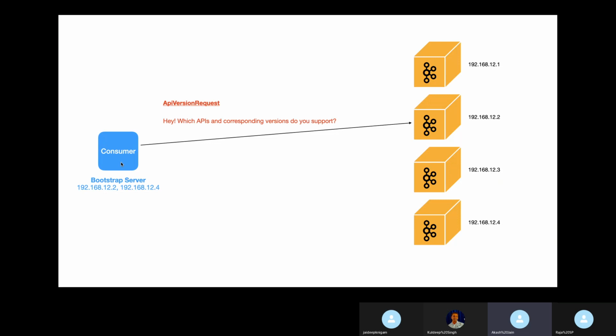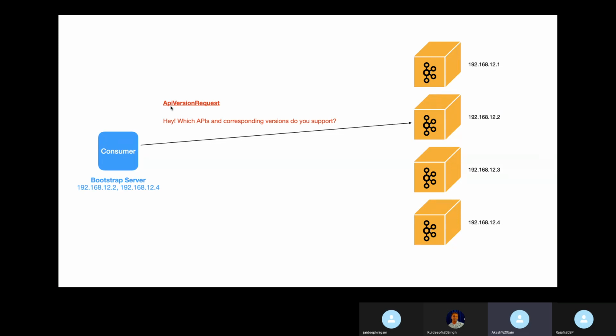The very first thing that happens is, as I said, the Kafka protocol is versioned. It may so happen that the consumer is on the newer API and the broker is on an older version. So the first thing the consumer does is try to understand what API versions this particular broker that it is connecting to supports.